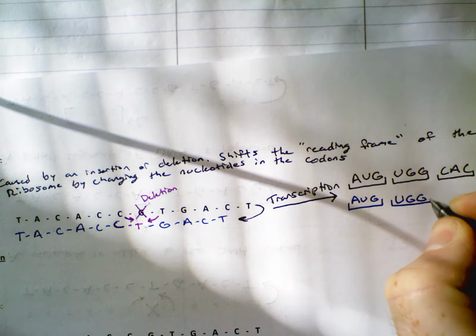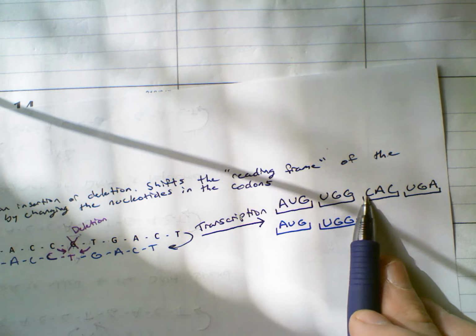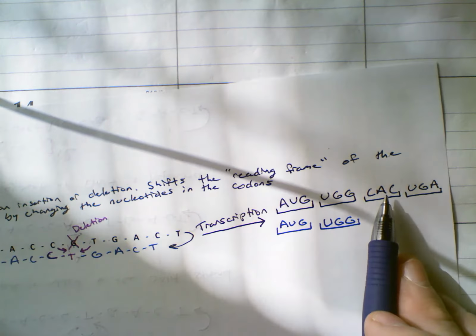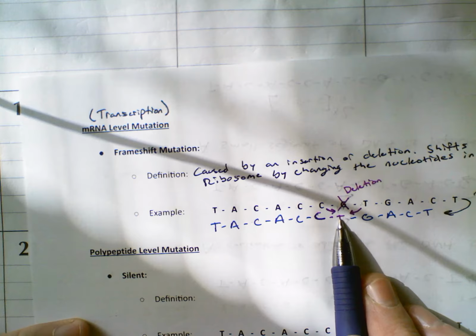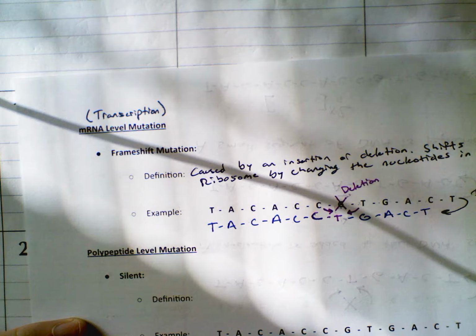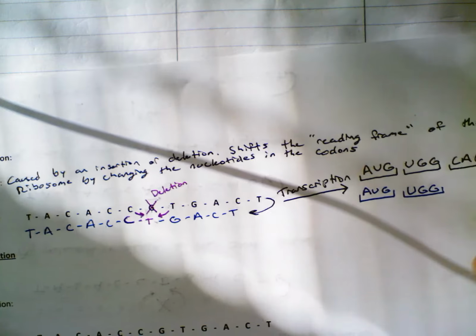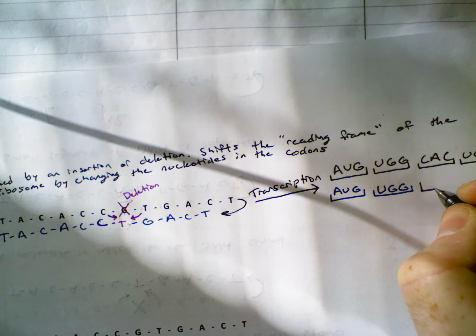But now we get to our mutation. Instead of this guanine here that provided this cytosine here, that thing's gone. So now, instead, we have TGA. What does TGA provide? ACU. Exactly. So now we have our mutation.